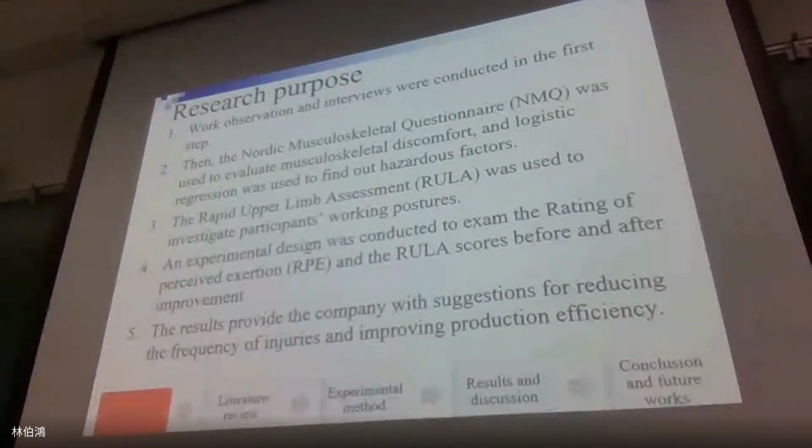If you use the NMQ, usually that is enough for a thesis. Only using the NMQ, you can finish your thesis. We also use the RULA. RULA means the Rapid Upper Limb Assessment. It is also a very famous tool in the ergonomic field.